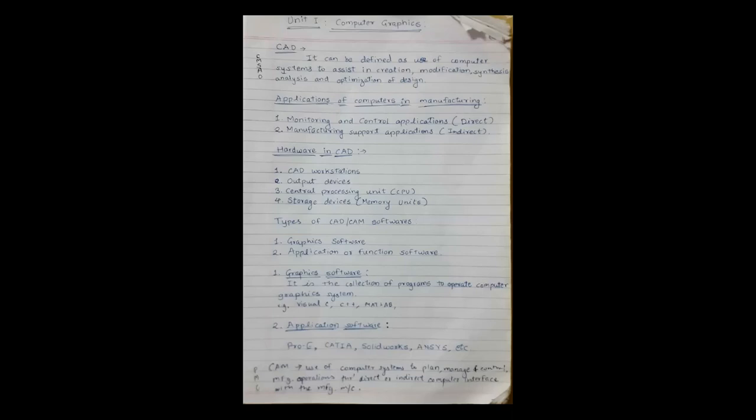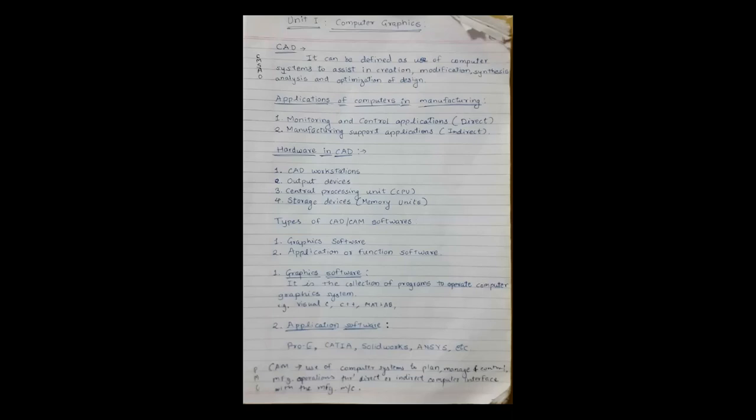Now analysis. We can say it is one of the steps in synthesis. If you take a CAD model, take it to analysis software, let us say ANSYS. Analysis is nothing but virtual testing.